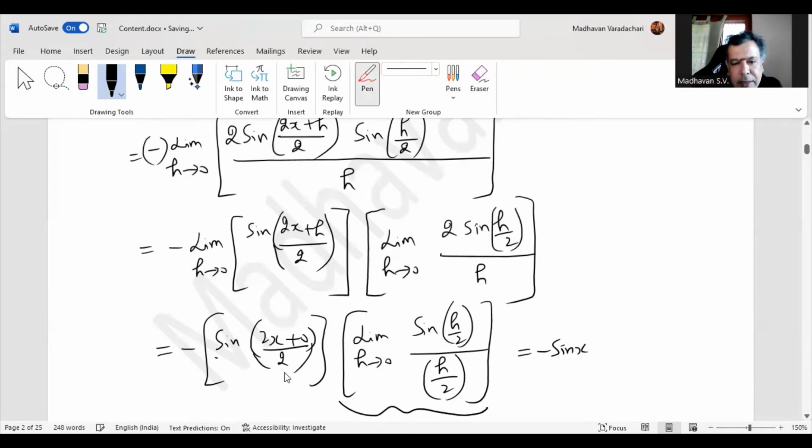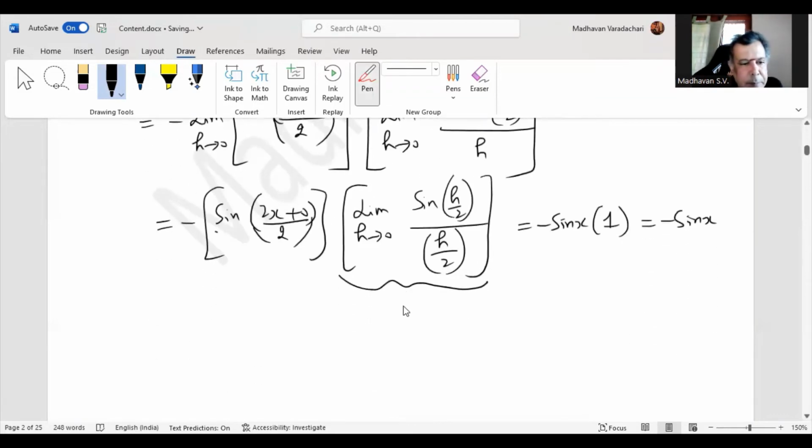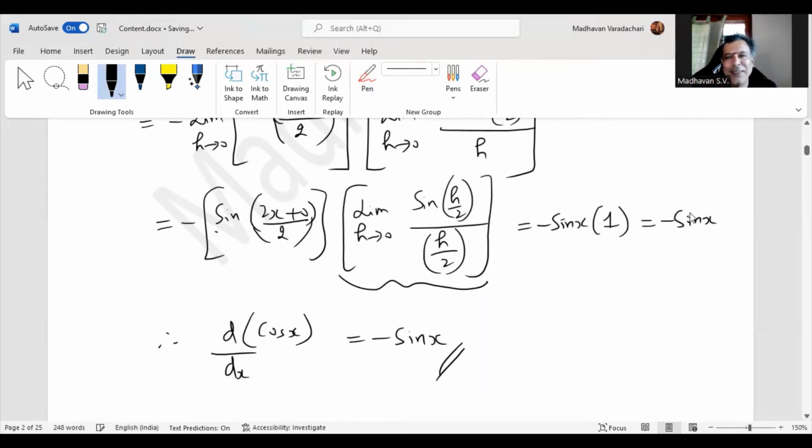And this we had already seen in the previous derivation. It is nothing but 1. So you get minus sine x. Therefore, we can conclude that d by dx of cos x is nothing but minus sine x. That is the proof of this.